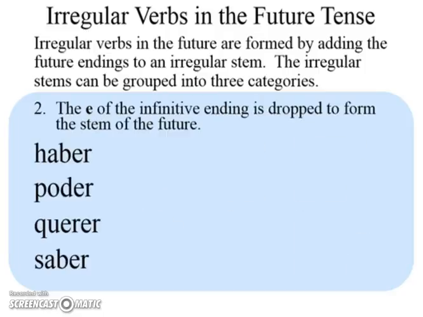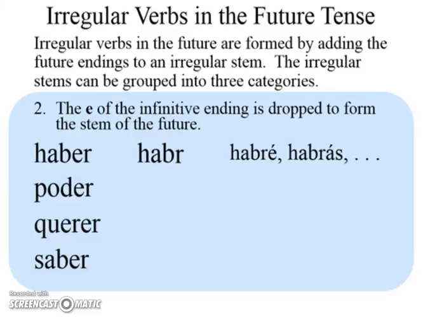We also have haber, poder, querer, and saber. What we do with these four infinitives is we get rid of the E to form the stem. Then we just attach our endings. So habré, habrás. Remember, haber is the infinitive for hay, so if I would say there will be a test tomorrow, I would say habrá un examen mañana, okay?